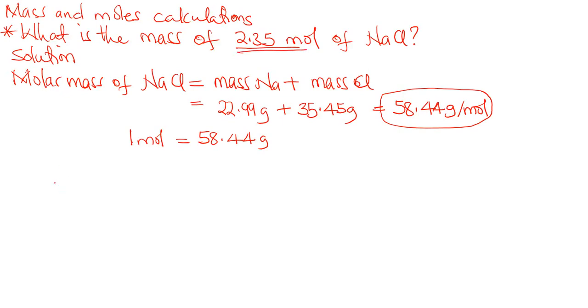So we start with the given quantity, 2.35 mole times. So because we have mole here, we need to have mole down here, which means we are going to have grams up here. So mole goes with 1. Grams go with 58.44.